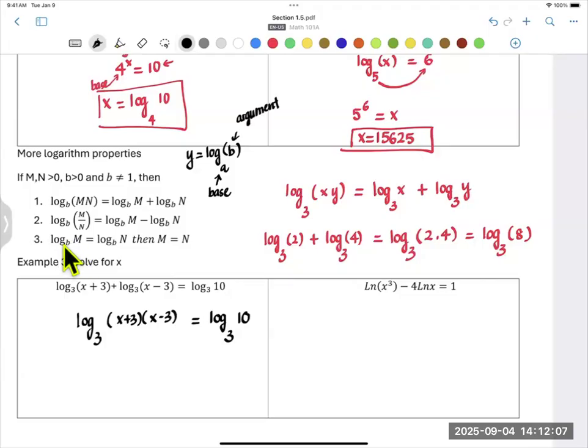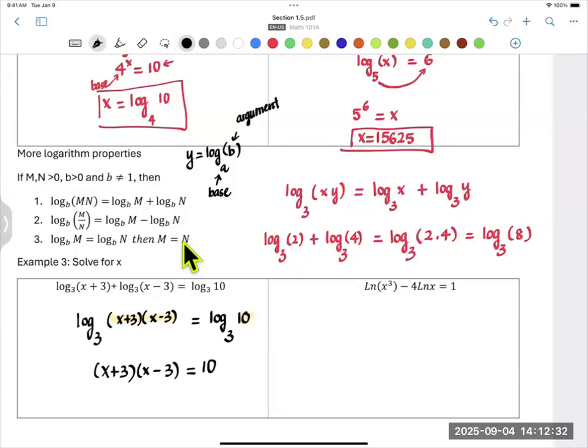The last property says that if you have two logarithms that equal each other, then their arguments should equal each other. So the argument for the left side is x plus 3 times x minus 3, and the right side is 10. So all we have to do is set them equal to each other.